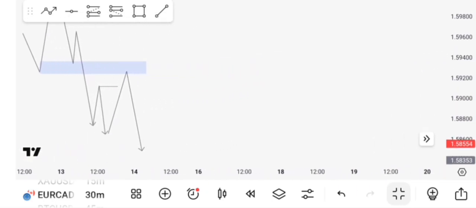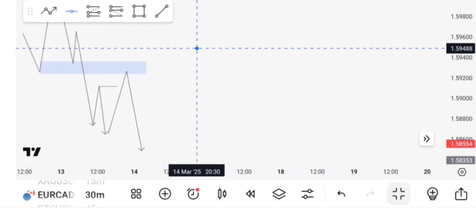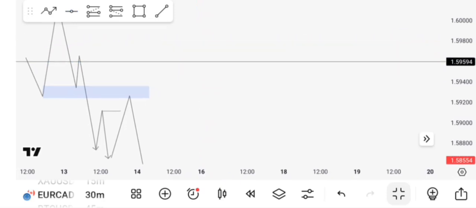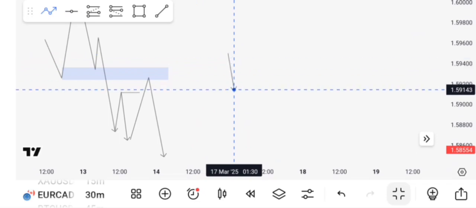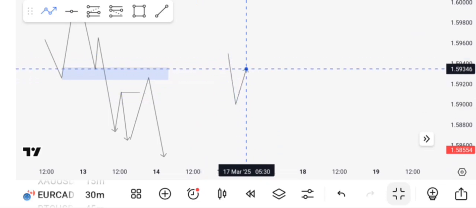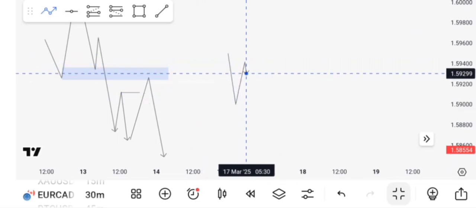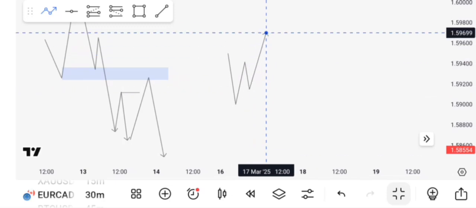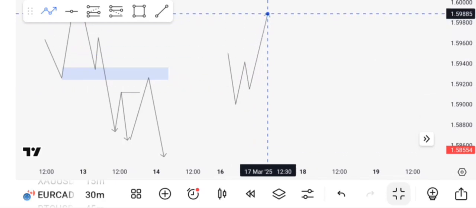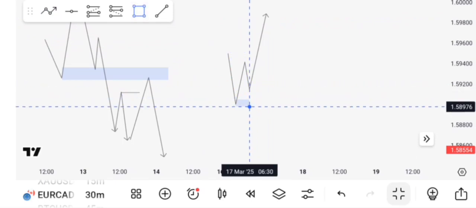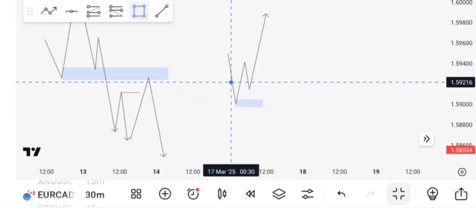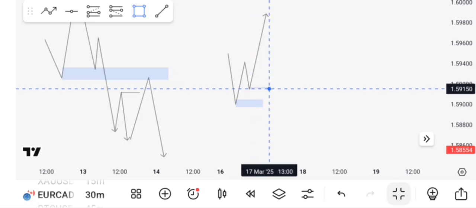So in a scenario whereby we have two breaker blocks, we have order block 1 here and order block 2 here.